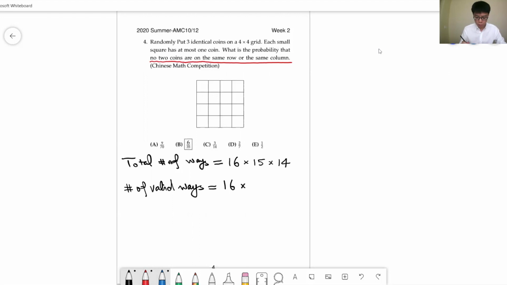So if a coin is put on a certain square, the second coin cannot be put on the same row or same column. So we should cross this row and this column. For example, let me take an example. If I put the first coin here, basically I should remove this row and this column. So for the next coin, there are basically 9 squares, 9 choices. So it's basically a 3 by 3 square remaining. So for the second coin, we have 9 choices.